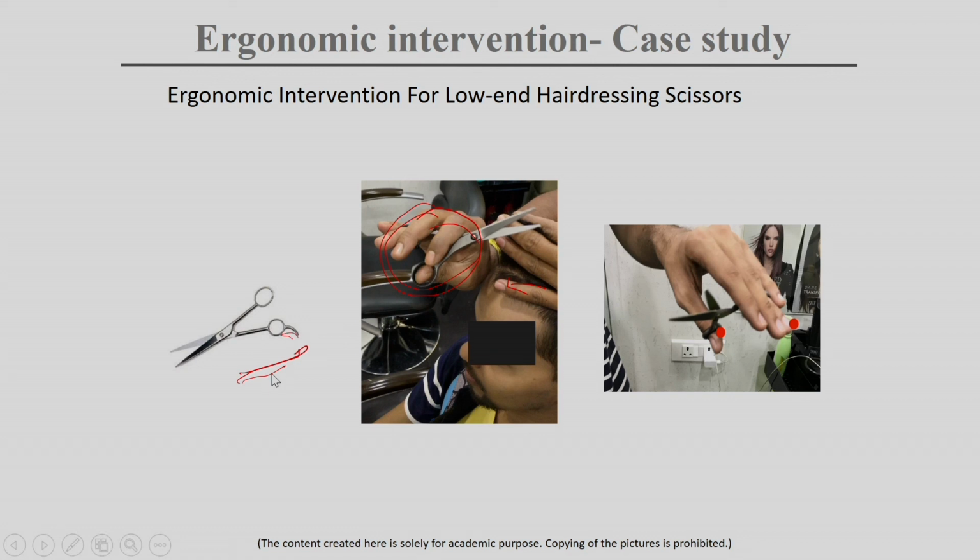Using the existing shear, they have some pain points here. These red areas are where they have pressure, pain and discomfort, and they develop blisters. When they adapt this posture, as we have discussed, the reference is like this.